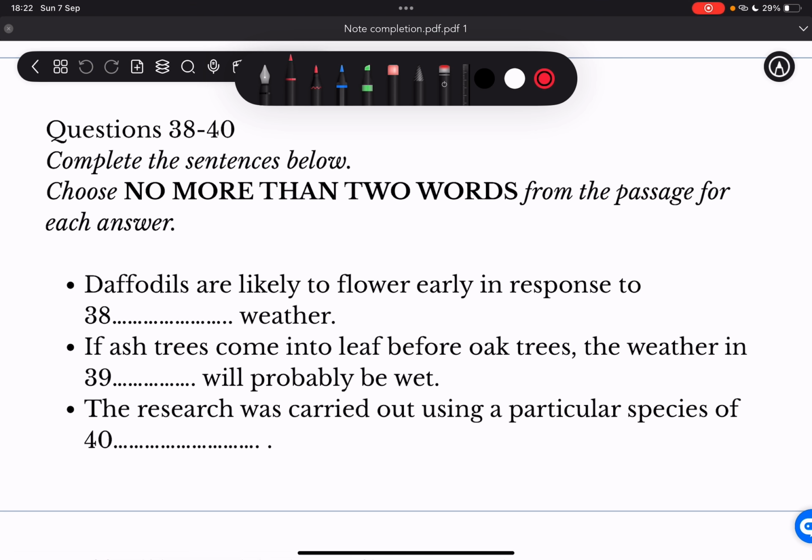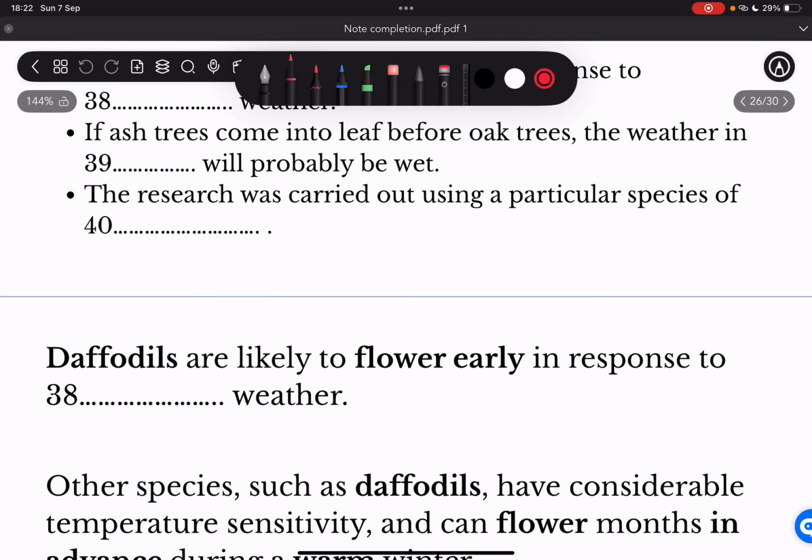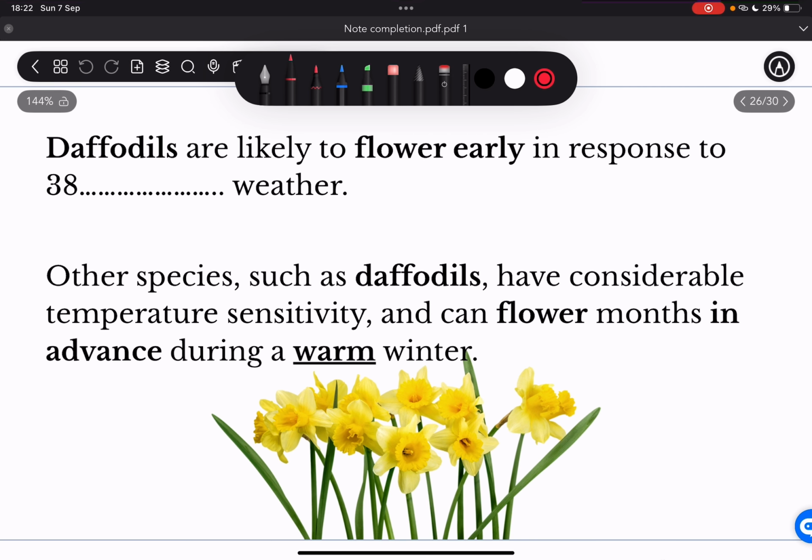So you're gonna first find about daffodils, and further than that part in the passage you will find about ash trees and so on. Okay, the first question, daffodils. That is a flower from the picture here, and daffodils are likely to flower early in response to weather. So in the text we've got the words daffodils, flower, and the word early, and it was paraphrased from the word in advance from the text, and we've got the word warm winter.